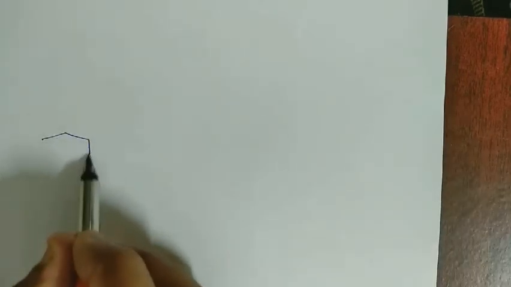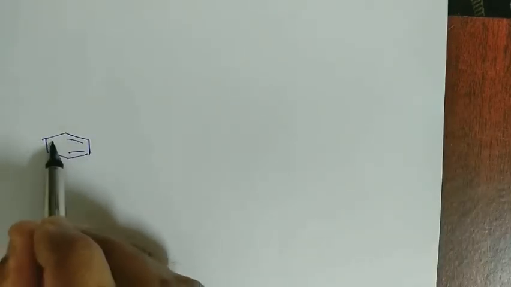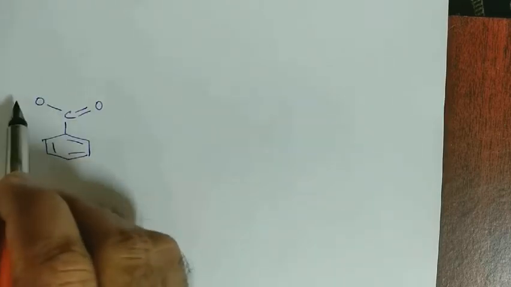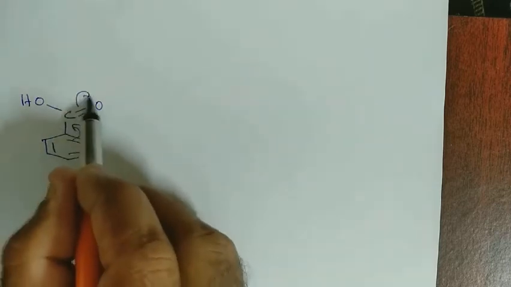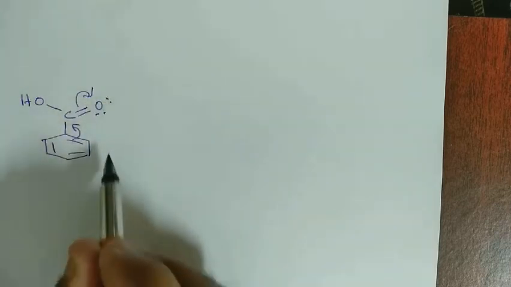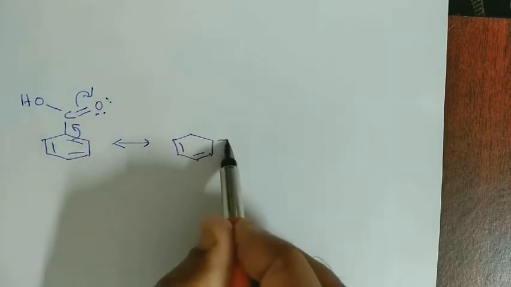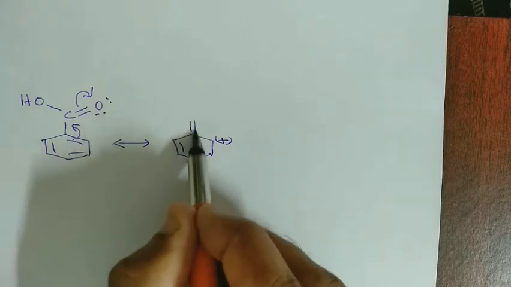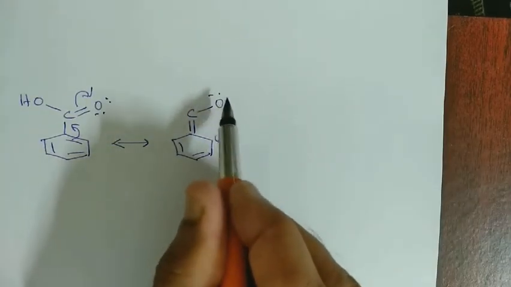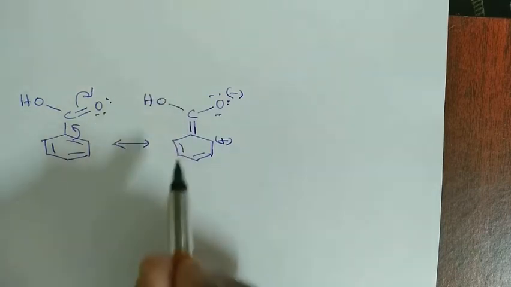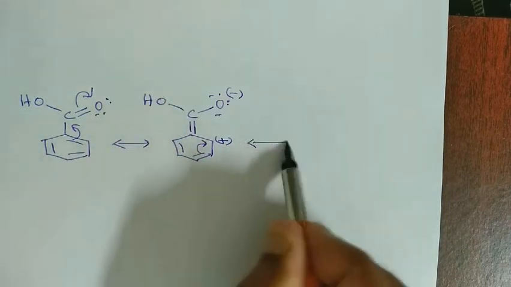When the COOH group is bonded to the benzene ring, the direction of electron flow in the resonance effect is away from the ring. Hence, ortho and para carbon atoms become electron deficient. That is, ortho and para carbon atoms get a unit positive charge.